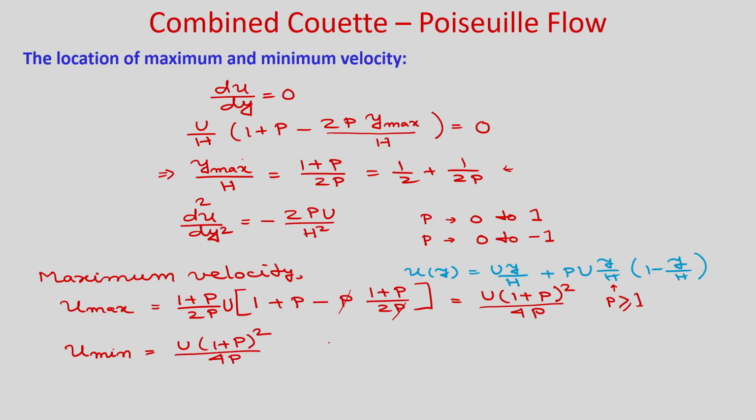We have seen that if p varies from 0 to minus 1, obviously the maximum velocity will occur at p equal to minus 1 at the wall, and velocity monotonically decreases from capital U at the upper plate to 0 at the lower plate. So, this minimum velocity will occur when p is less than or equal to minus 1.